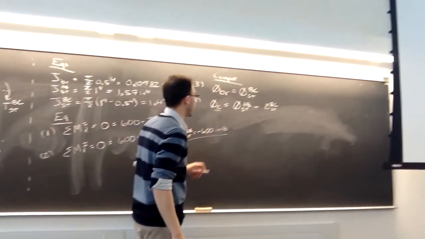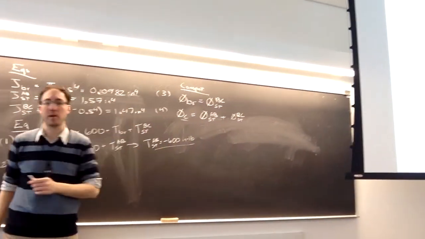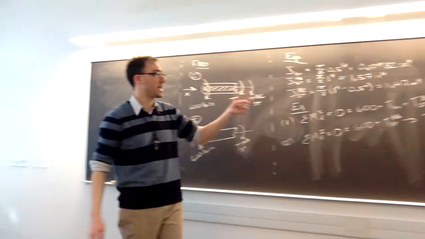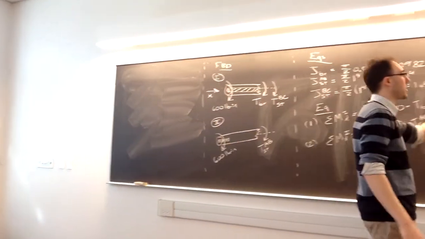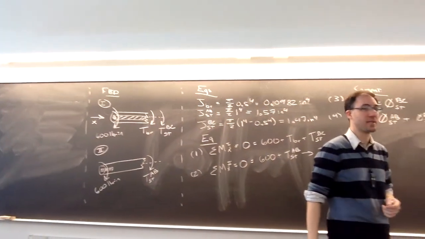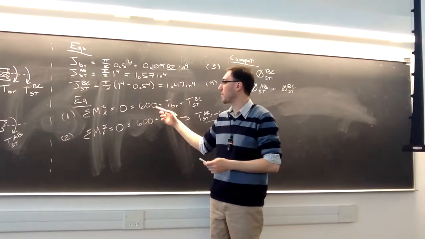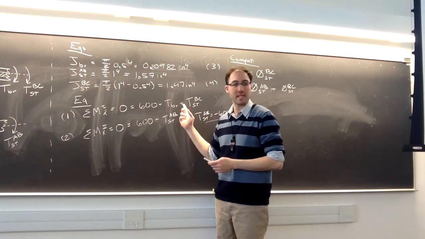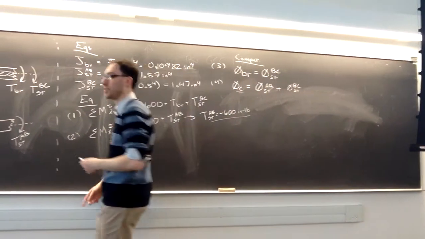This was one of the things we need to find. So certainly it has to appear in an equation somewhere. But we also needed that other compatibility to relate the twisting of the brass to the twisting of the steel. And we need that because if we look back here, we don't know them as numbers right now. So we need those extra equations.